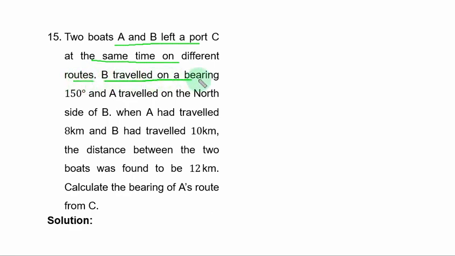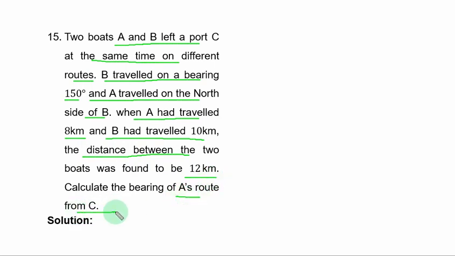B traveled on a bearing of 150 degrees and A traveled on the north side of B. When A had traveled 8 kilometers and B had traveled 10 kilometers, the distance between the two boats was found to be 12 kilometers. Calculate the bearing of A's route from C.